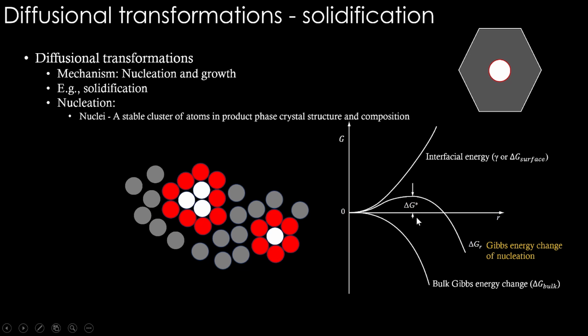You see, the radius is increasing and energy is decreasing. But the cluster should come to this size spontaneously, only then it can start becoming bigger and bigger, only then it can start growing. So this sized nuclei is called critical nuclei, and addition of one atom to that, let's say the gray atom jumping to that, that is nucleation.